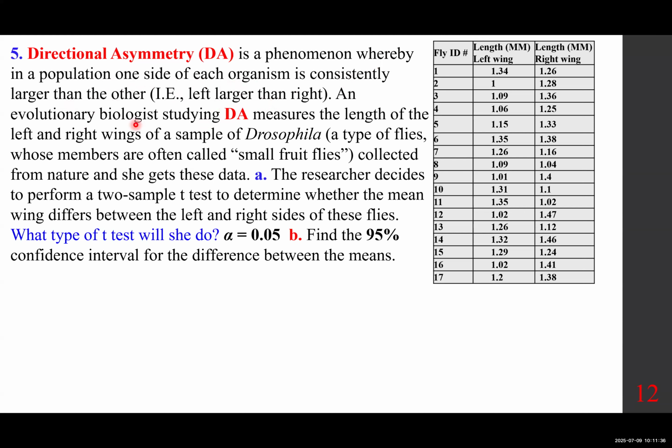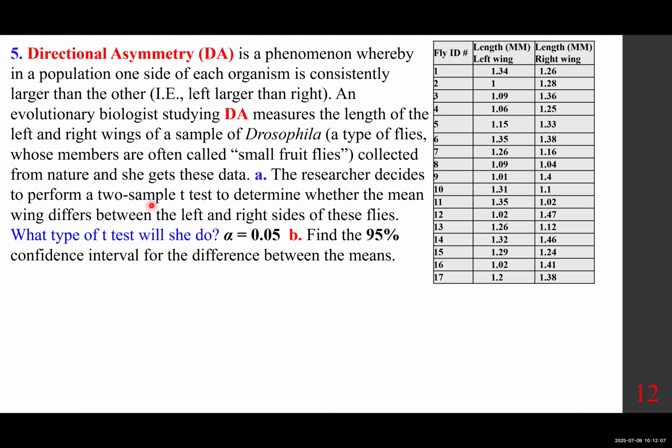An evolutionary biologist studying DA measures the length of the left and right wings of her sample of Drosophila, which is a type of fly whose members are called small fruit flies, collected from nature, and she gets the following data. We have 17 pieces, and the lengths for the left wing and the right wing are reported.